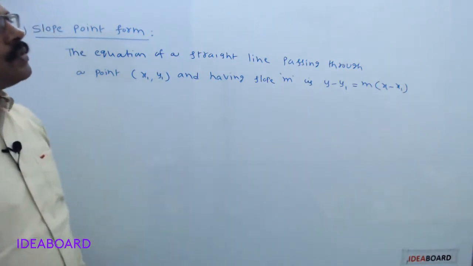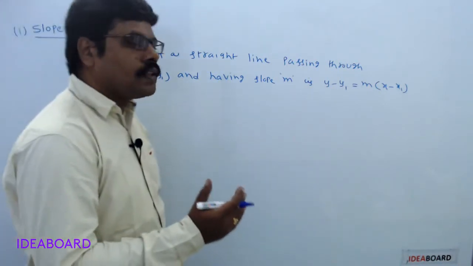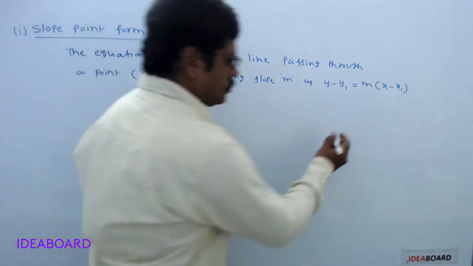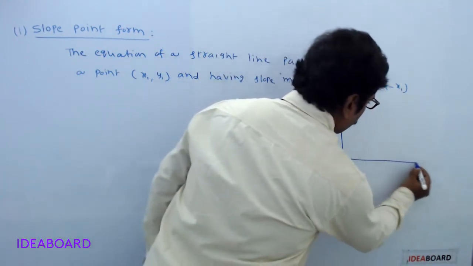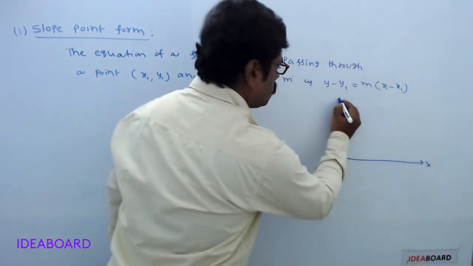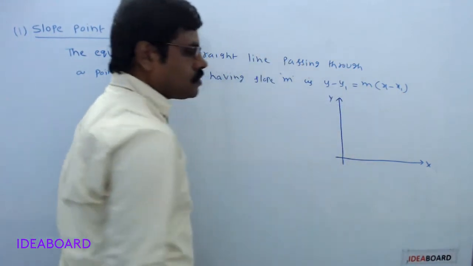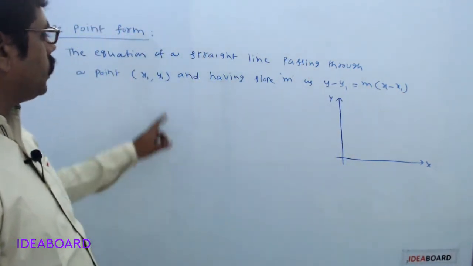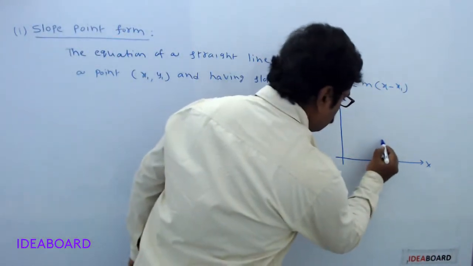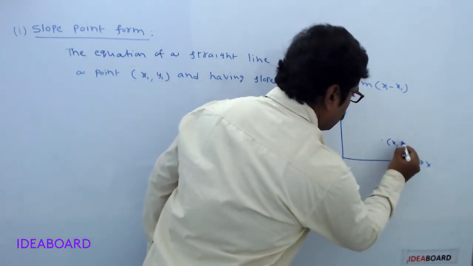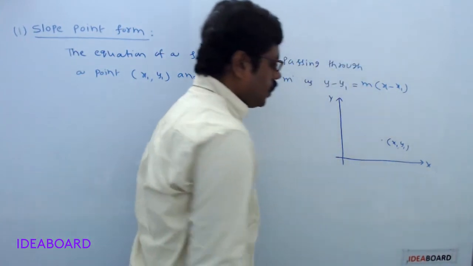Now see the proof of this formula. First draw the coordinate axis. This is the x-axis, this is the y-axis. What is your given point? Suppose this is the point x1, y1.